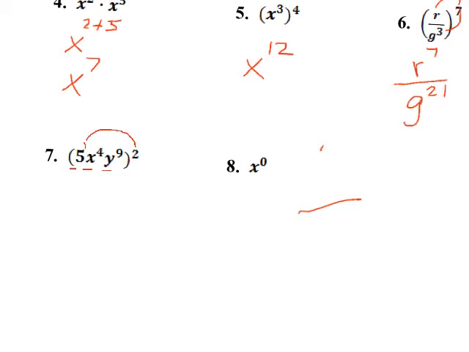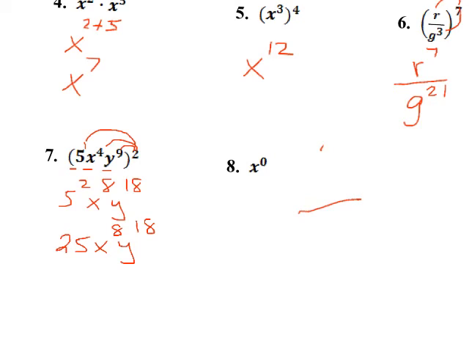So it's 2 times 1, so it's 5 squared here. x to the 4th times 2 would be x to the 8th, and then y to the 18th. So if I simplify this, you end up getting 25 x to the 8th, y to the 18th. Easy enough, I think.